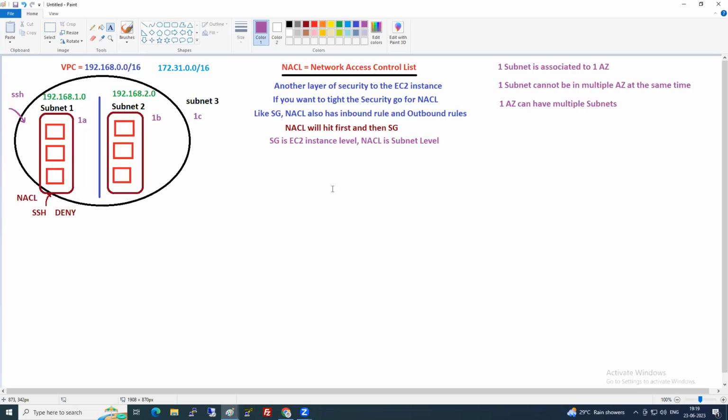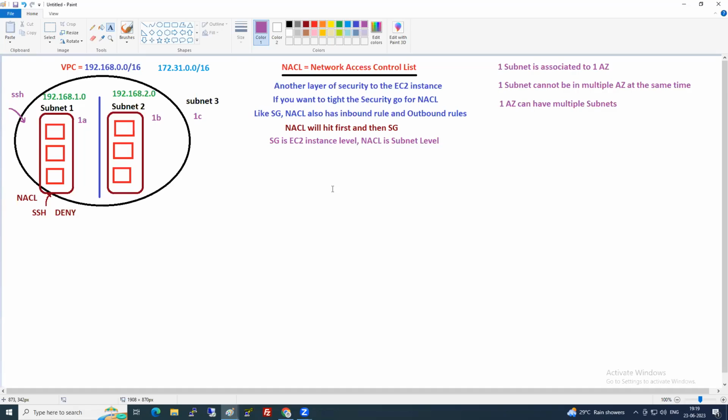Guys, in security groups we have a default security group. Similarly, for NACLs we also have a default NACL. See, no one is talking about NACL. That means inbound rules will be allowed or denied? Allowed. NACL's inbound rules are allowed. That is the reason why people don't talk about NACL at all.